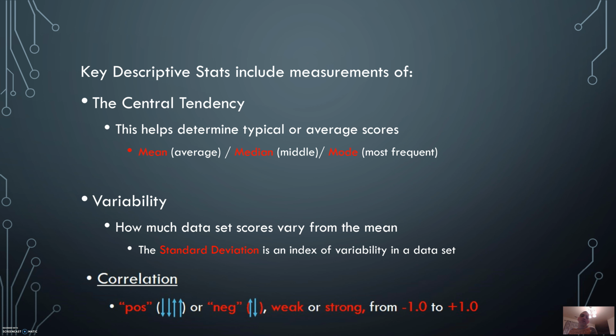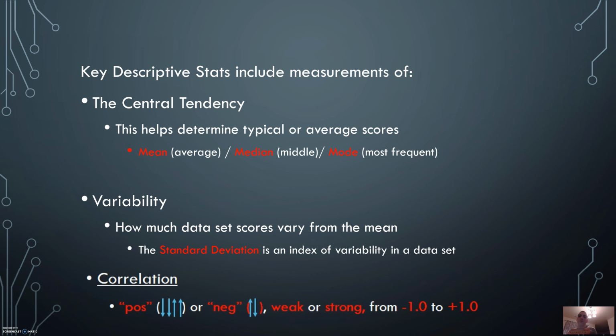Then finally you have correlation. With correlation, remember, you have the direction of the correlation. It is either positive, where you have your two variables going in the same direction, or negative, where you have your two variables going in opposite directions.